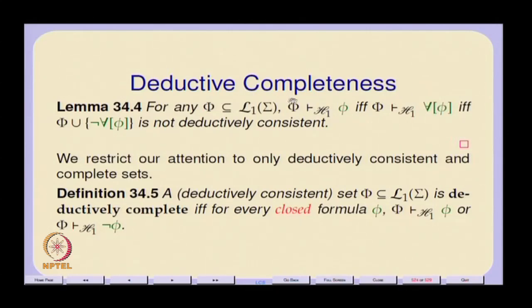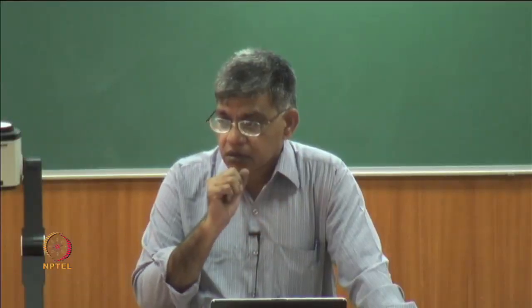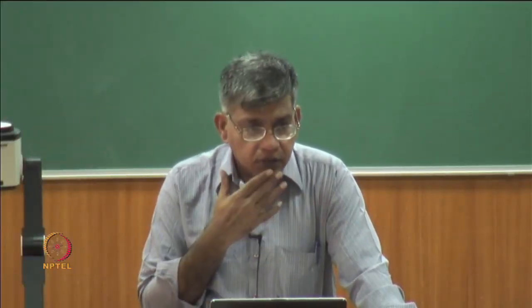This portion is something that I have repeated several times before, this notion of how we always went between logical consequence and unsatisfiability, or inconsistency. We took the negation on the right hand side and pushed it into the set of formulas, and we said that that is unsatisfiable or inconsistent.